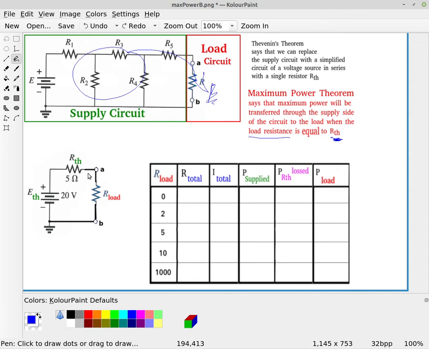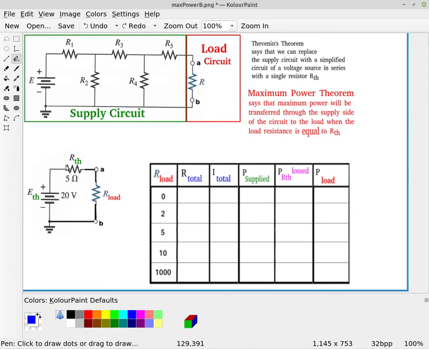So that's what the maximum power theorem says, that we want to get the maximum power to the load. Now, as we're going to see, that doesn't mean it's necessarily the maximum power we can get out of the power supply, out of the voltage source, but the maximum power that makes it all the way through over to the load. That's what maximum power is talking about.